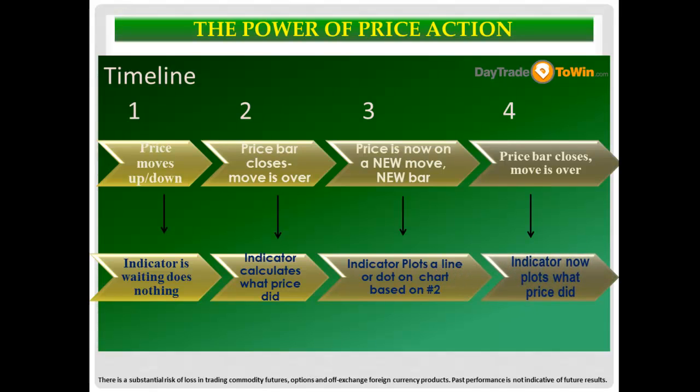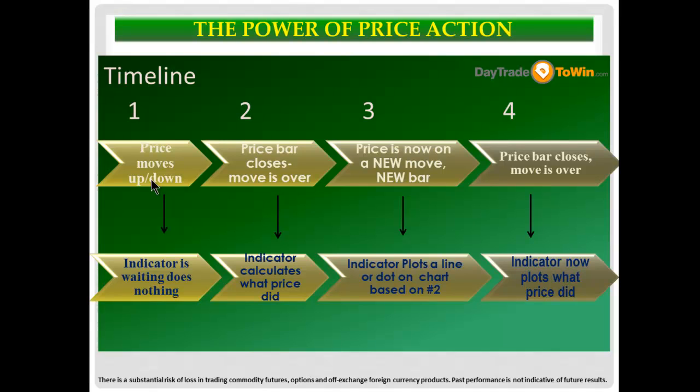Okay? So what I have here is an outline, a time outline, that gives you a representation of how an indicator, any indicator, works and how you take a trade based on that indicator. So the first part of this says here, price moves up or down, right? You see the candle or the bar go up and go down, and you do nothing, right?